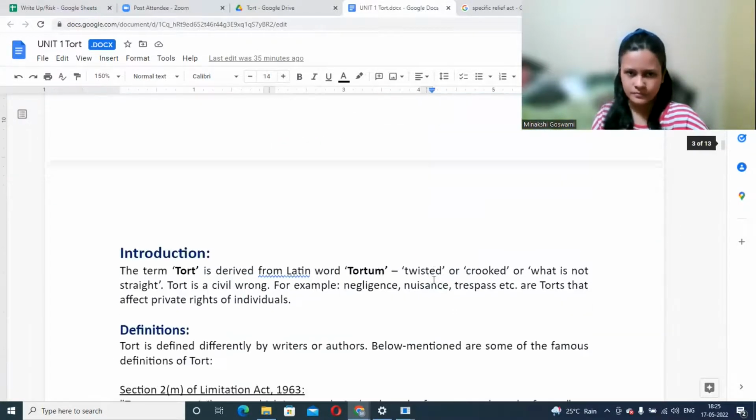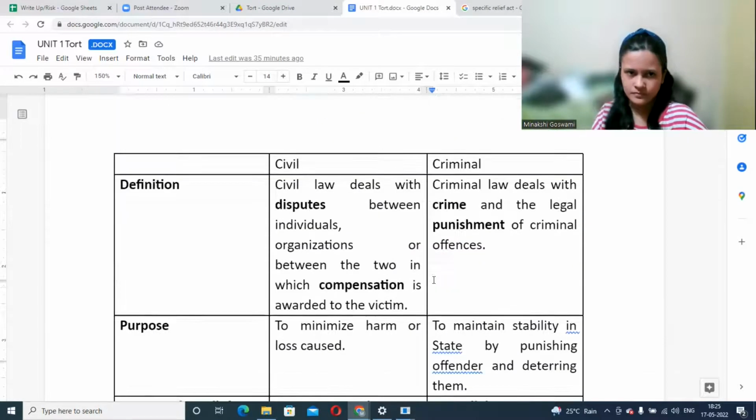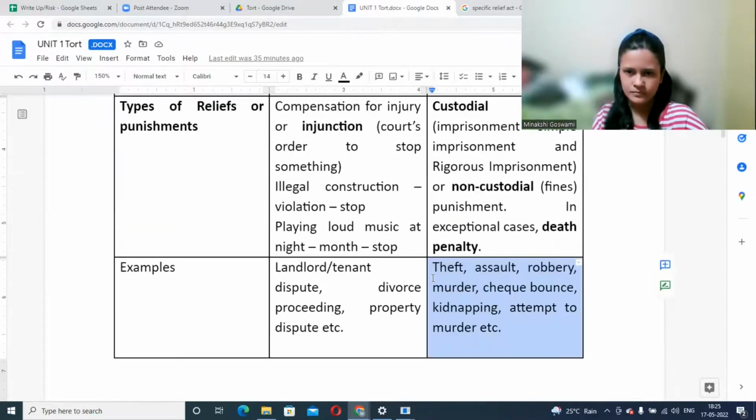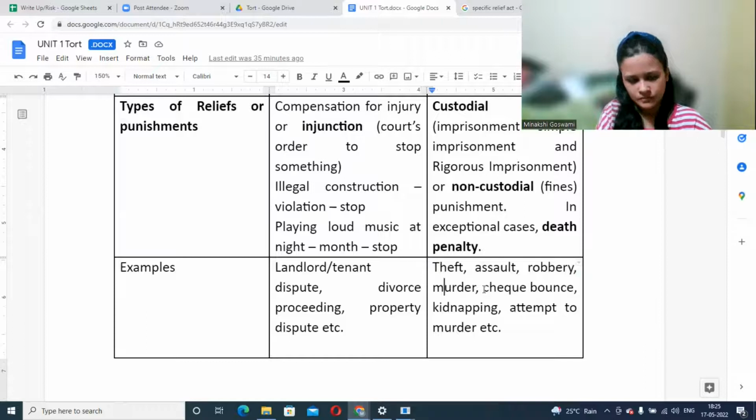Ma'am, I wanted to know, when it comes to check bounce case, this is considered as a criminal case, right? Okay, so we both will be having some contract, and you say that I'll do it for you, you have to pay me so much. I'll give you a check.